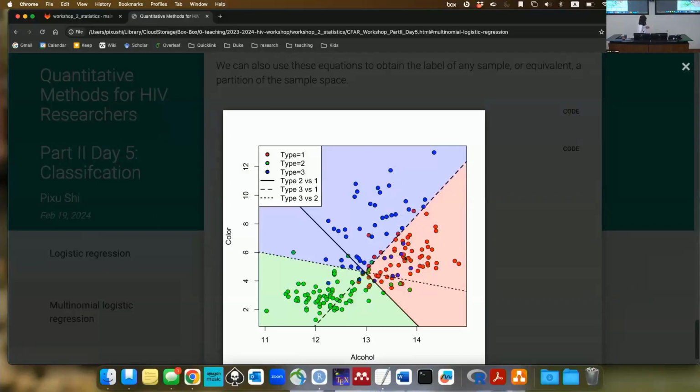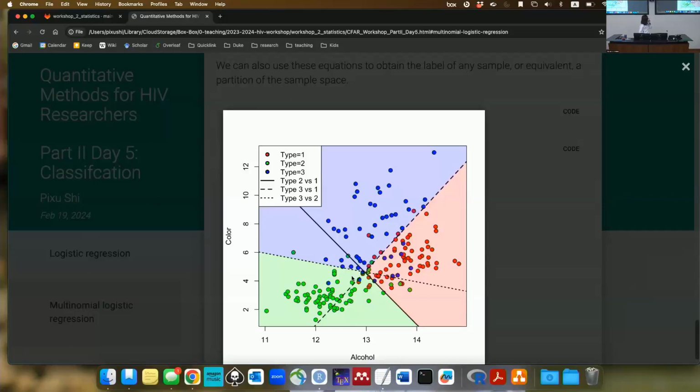For the dashed line on the right-hand side, you're more likely to be type 1. On the left, you're more likely to be type 3. Combining all of those, if you look at each point on this plane, you will have a probability for each category. And the color of that plane demonstrates which category has a larger probability. Any questions?